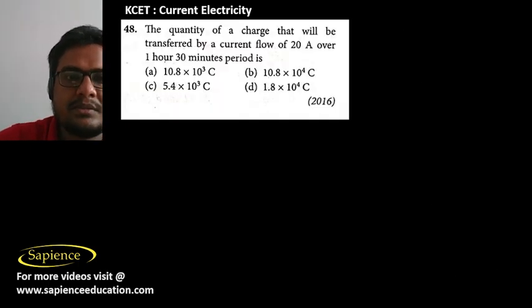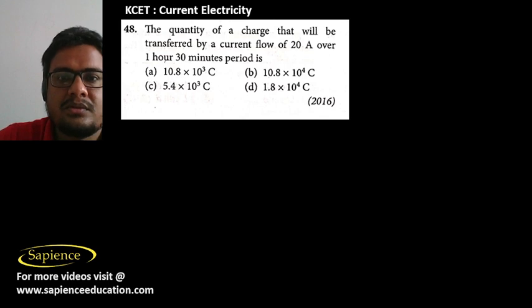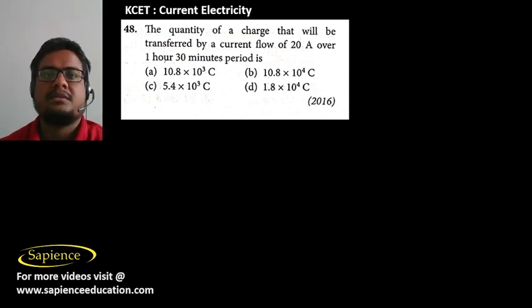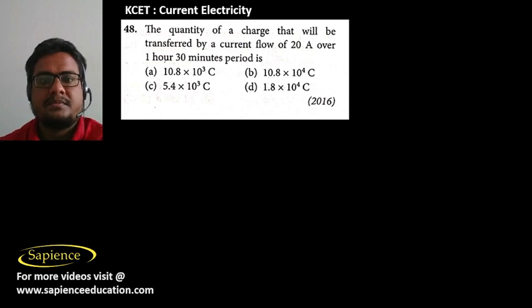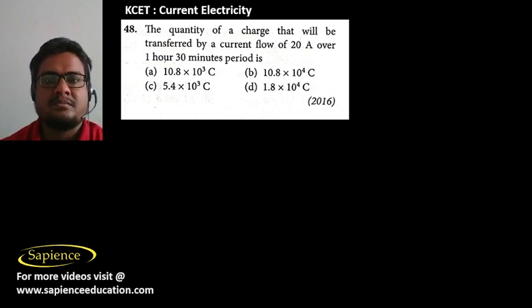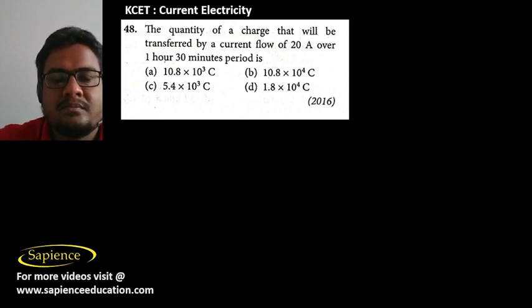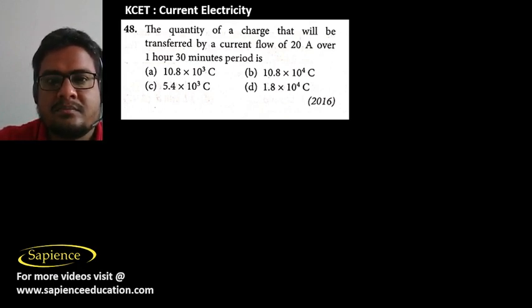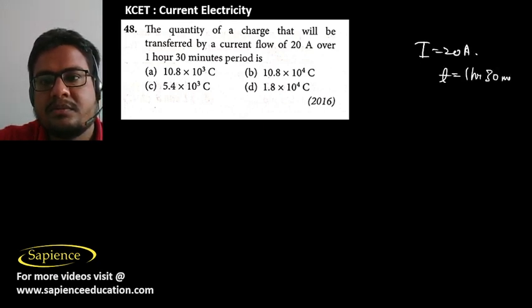In question number 48, it is told the quantity of charge that will be transferred by a current flow of 20 ampere over 1 hour 30 minutes period is.